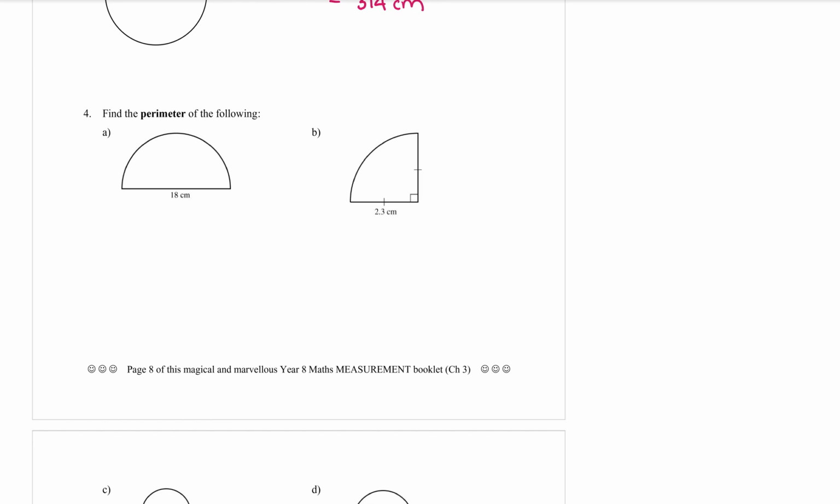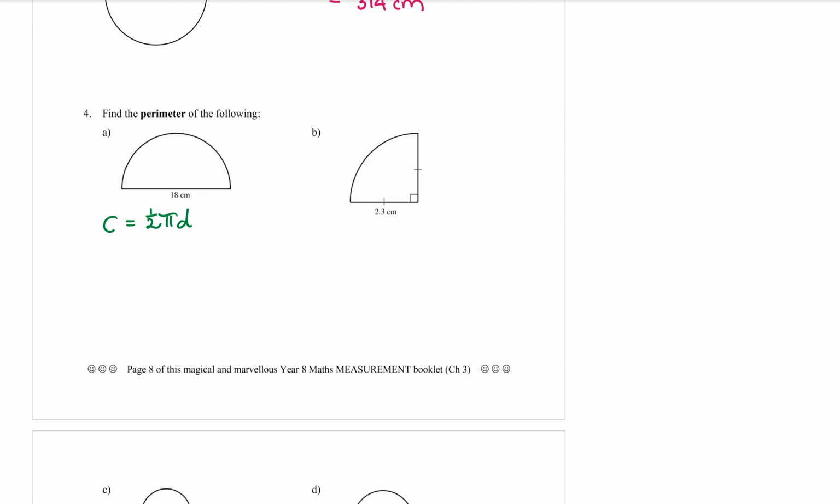Okay, but I don't have a whole circle. This first question, I only have half of a circle. This 18 is the diameter, so I'm going to use the C equals pi d formula. But because I only have half of a circle, I'm going to put a half in front of that formula because I have half of pi d, half of a circle.